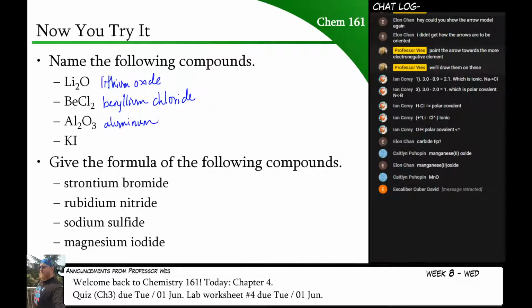Aluminum, and then oxide. And then potassium. Wow, I skipped all sorts of letters there. And then I is iodine. It becomes iodide.